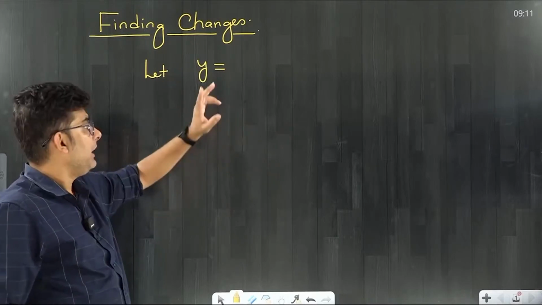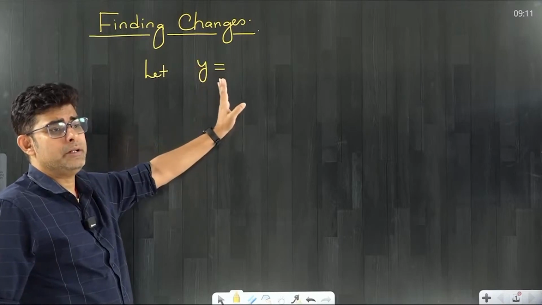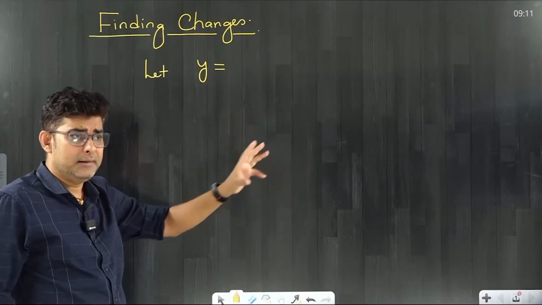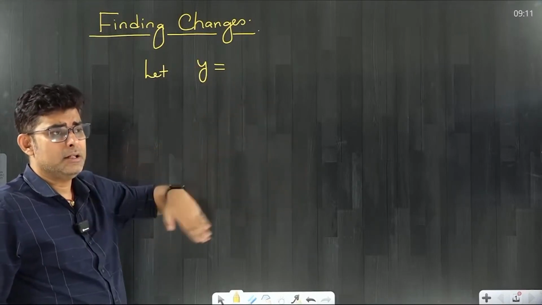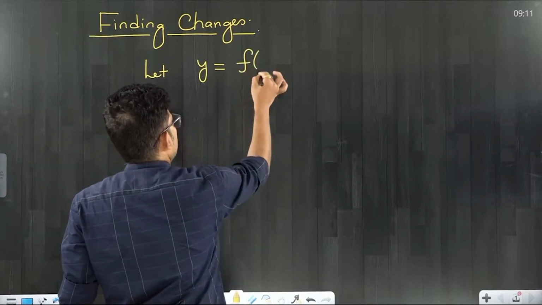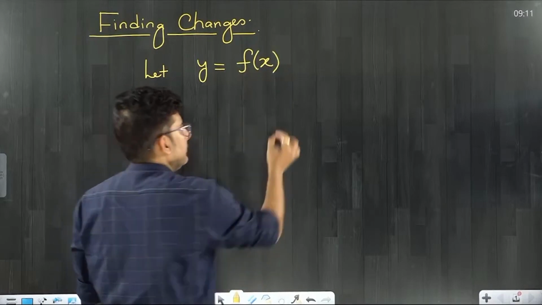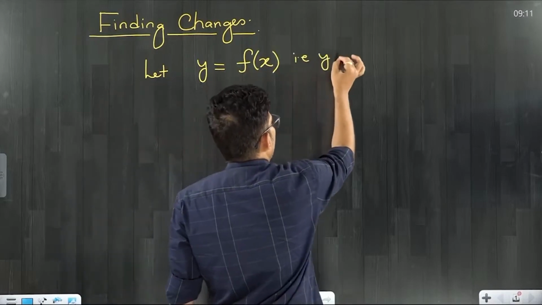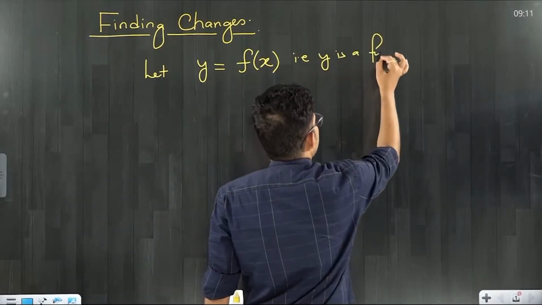Listen once again, if y is dependent on a physical quantity x such that if x is changed, then y is also continuously changing. So we call y is equals to f(x). That is, we say y is a function of x.